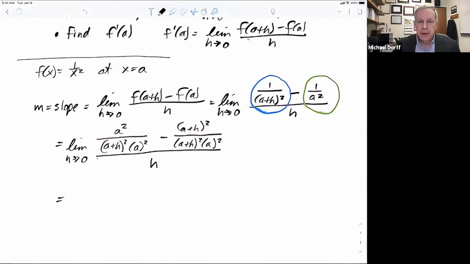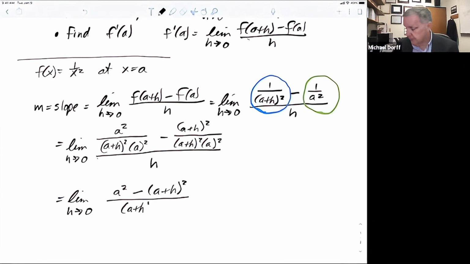In the numerator, I have the same denominators, so I can rewrite that as just having one denominator. And so I'm going to have a squared minus parentheses a plus h quantity squared all over a plus h squared times a squared, and that's all over h. So I've added those two fractions together who have a common denominator.